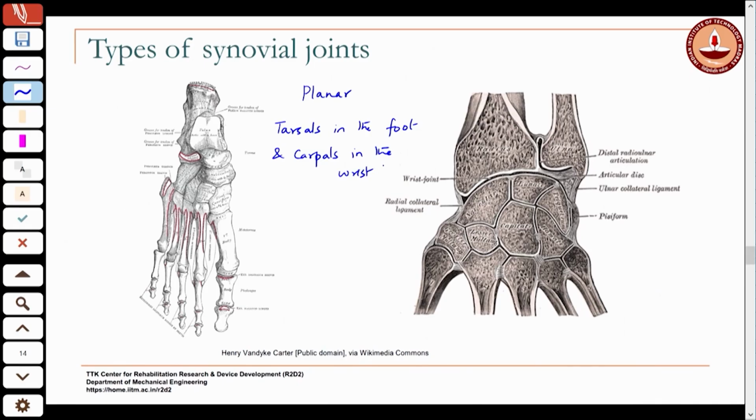So, when the other movements are happening, these bones are gliding with respect to one another. Okay. So, those are the planar joints among the synovial joints in the body.